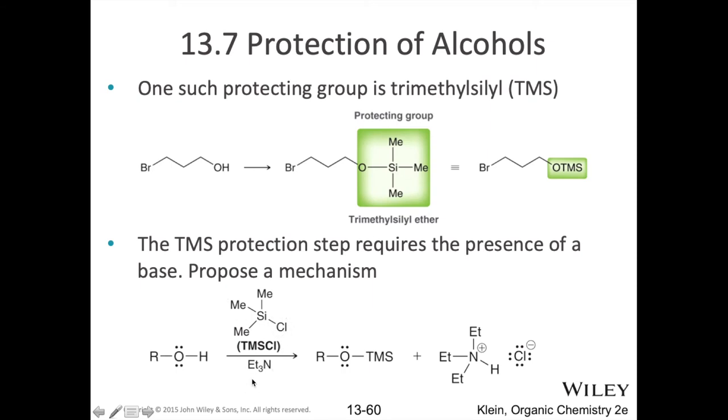It helps to have an amine present, because then you can get this to crash out of solution as an ammonium salt. But basically, that nucleophile reacts with your trimethylsilyl chloride, and it tacks on that TMS group to that oxygen. Okay, and this is relatively stable. Since you don't have a proton on that oxygen anymore, this will not be acidic anymore.